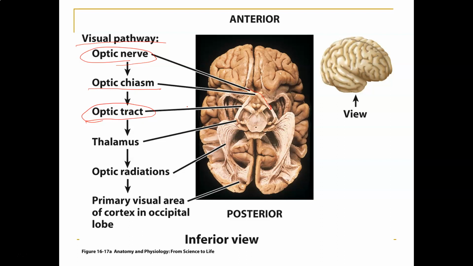And then the optic tracts take the impulses to the thalamus, which, remember when we studied the brain, receives sensory input and directs it to the correct region of the cerebral cortex, although not for smell.